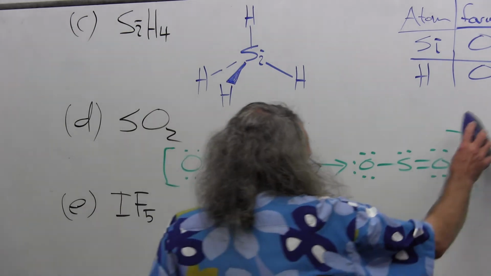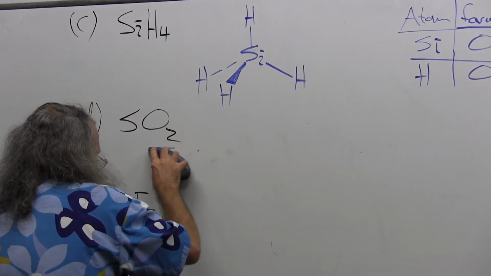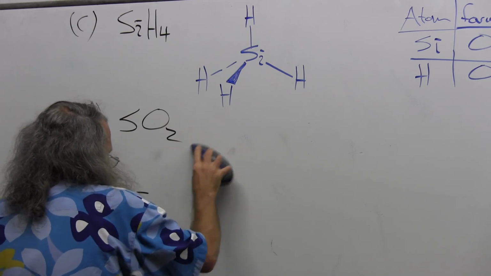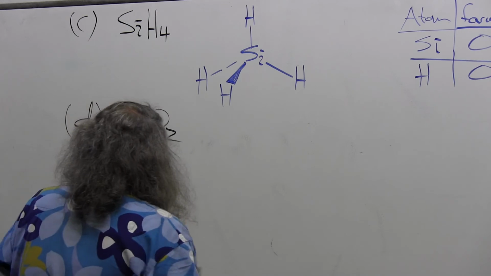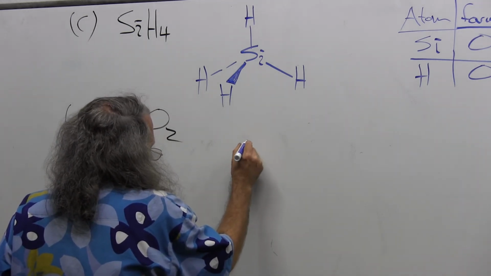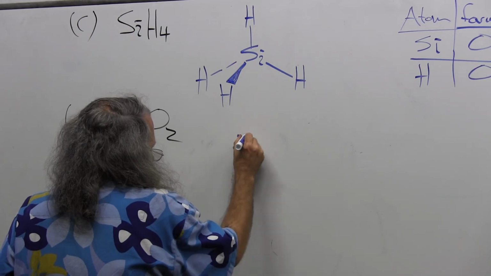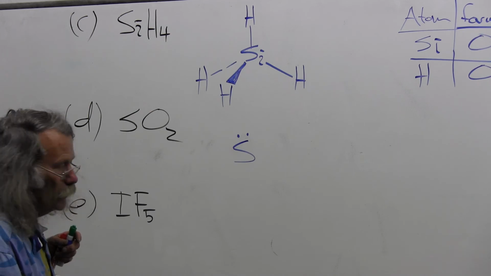So I can draw the molecule now with the proper geometry, and then I'll draw the resonance form in the same fashion. But first I'm going to start with the central atom, the sulfur. I'll put the lone pair up here. So it occupies one of the trigonal planar sites.